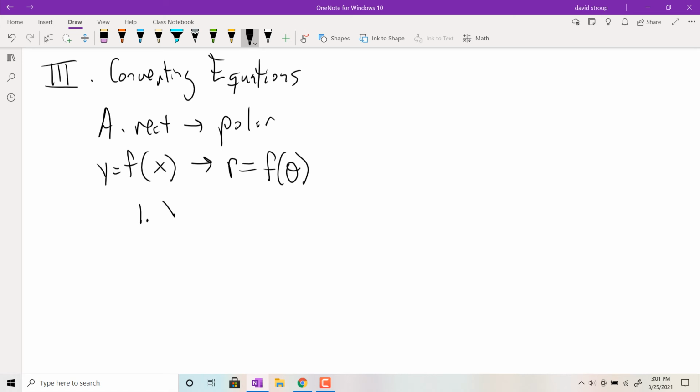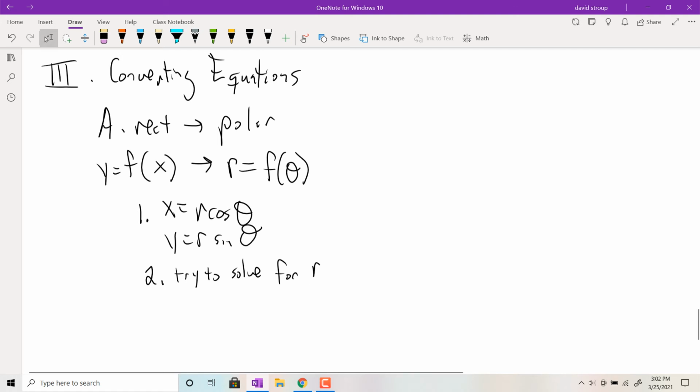So first, try to replace x with r cosine theta and y with r sine theta. And then secondly, try to solve for r. And there's going to be some weirdness here. I just want to warn you in some of these problems, because of the weirdness with the redundancy of the points.